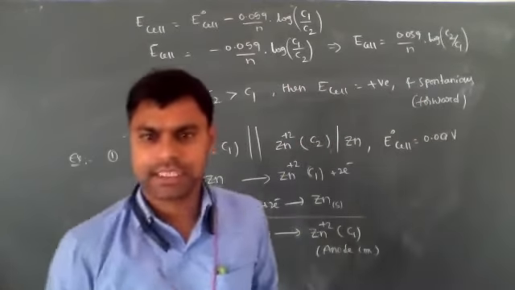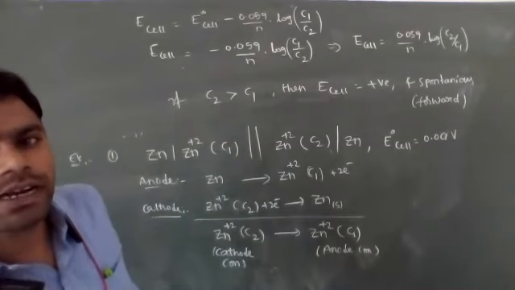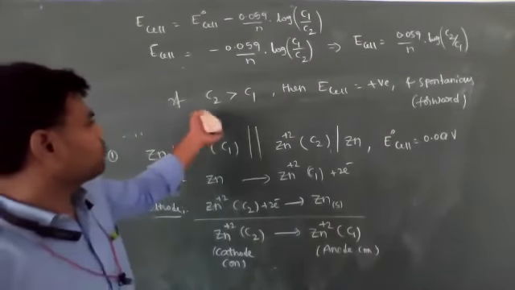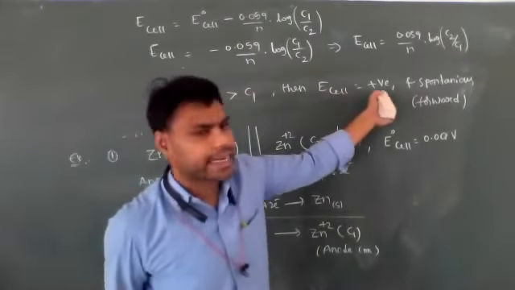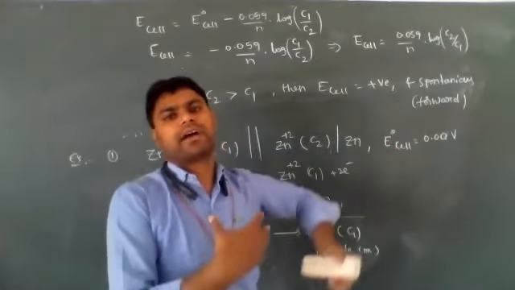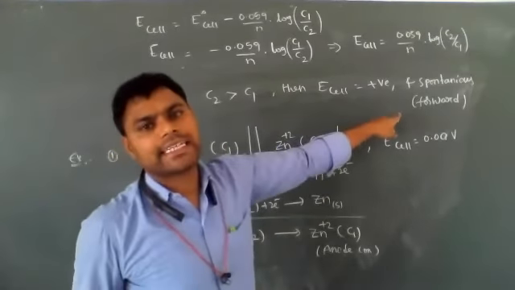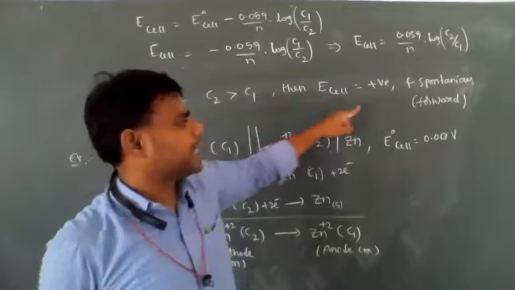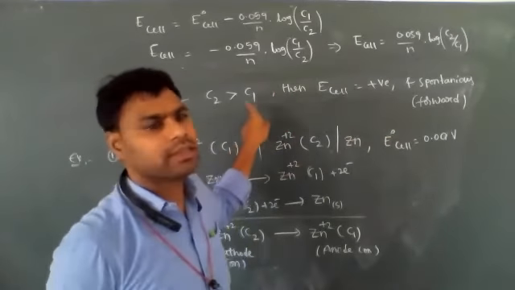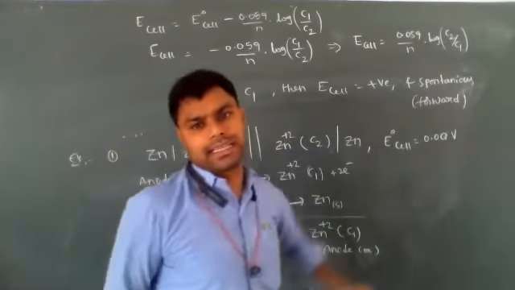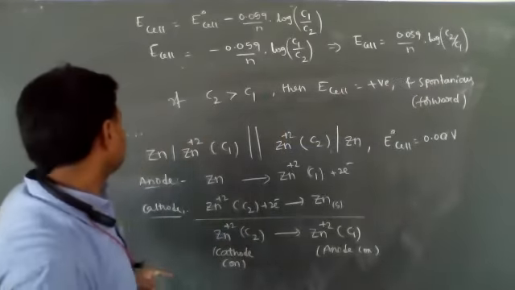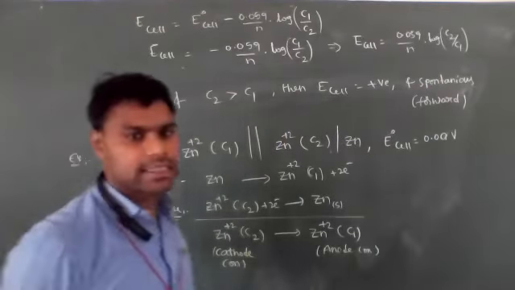In the other case, if C1 is more than C2, E cell is negative, non-spontaneous, in the backward direction, and it acts as an electrolytic cell. If C2 is more, it acts as an electrochemical cell. This type of cell is called an electrolyte concentration cell.